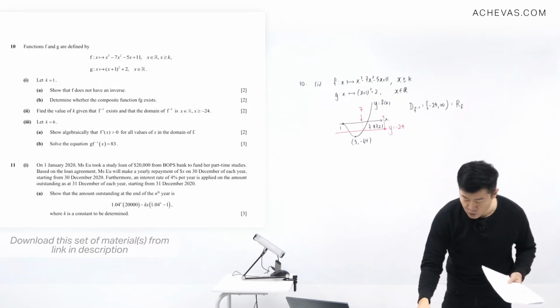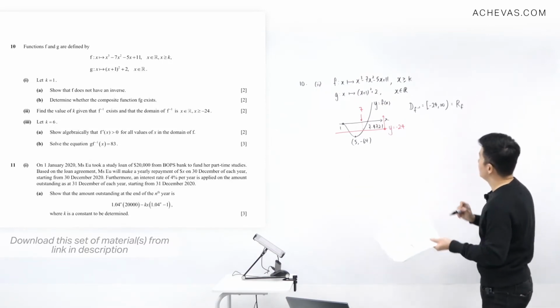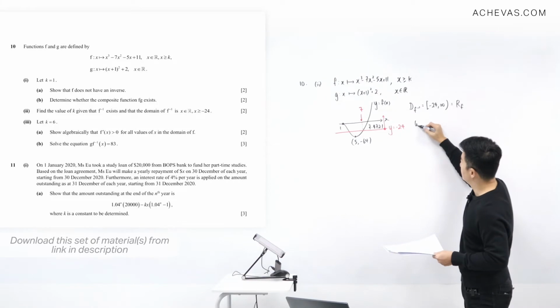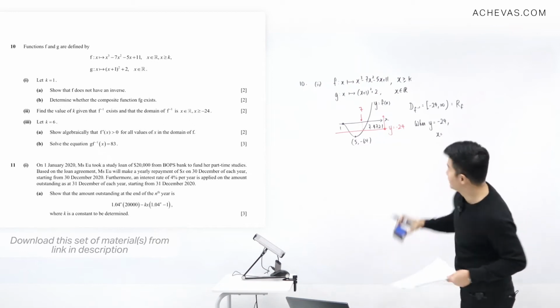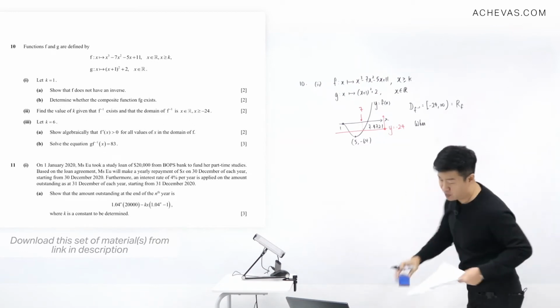So based on the requirement of the question, when y is equal to -24, then x is going to be equal to, actually probably we should write f(x), it is more accurate.